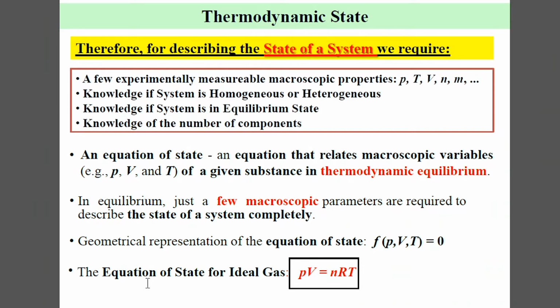An equation of state is a methodology which eases our process of identifying the number of thermodynamic properties required to describe a particular thermodynamic state. The equation of state relates the macroscopic variables of a given substance in thermodynamic equilibrium. This is the geometrical representation of the equation of state: a function of P, V, T equal to 0. The equation of state for an ideal gas, as you know, is PV equal to nRT.